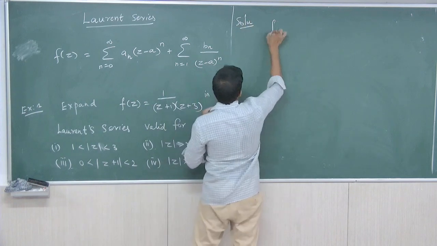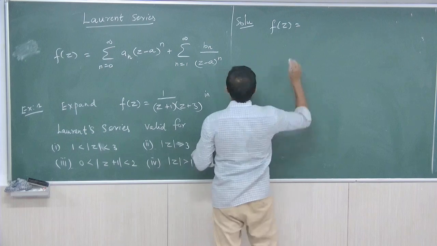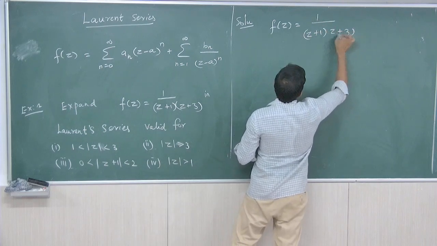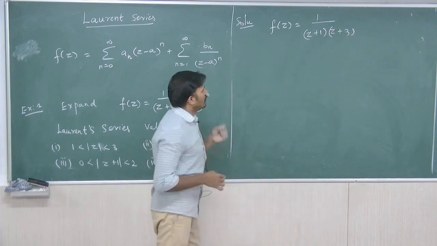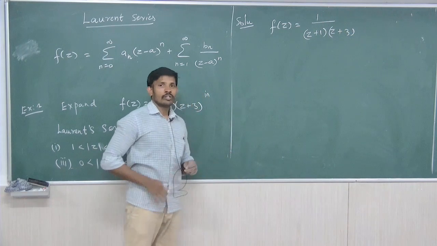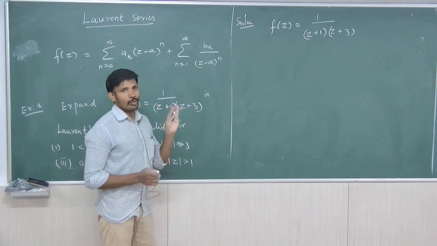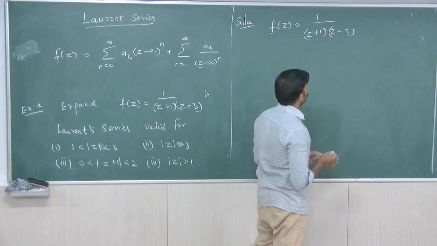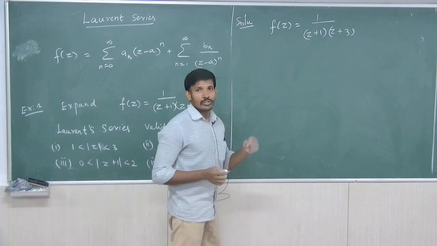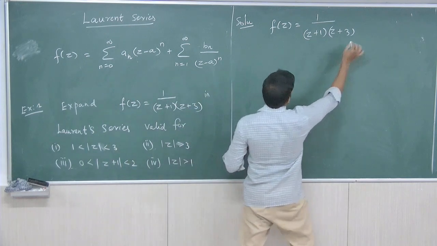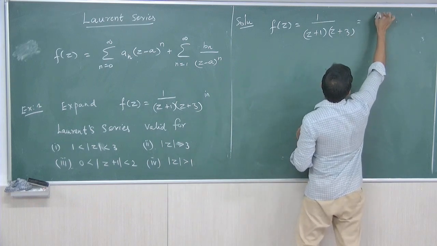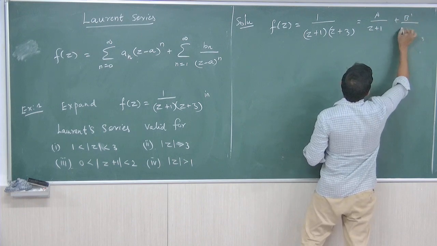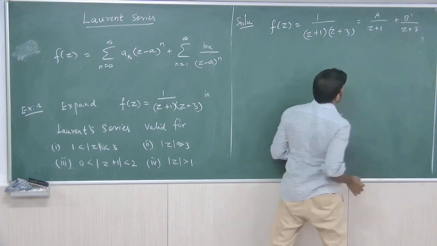So given 1 by (z plus 1) into (z plus 3), by using partial fractions, try to write it as a sum of 2 simple fractions, right? You can rewrite this term as a by (z plus 1) plus b by (z plus 3).